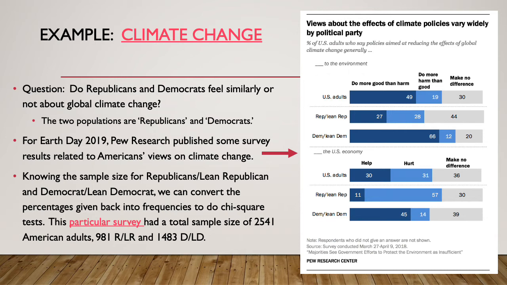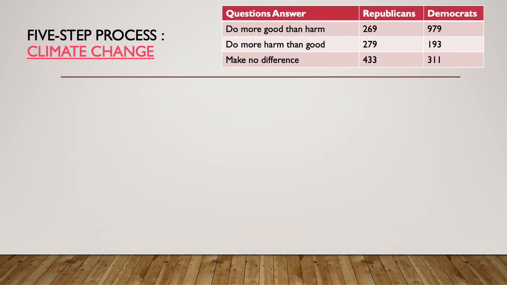The sample sizes, there were exactly 981 Republicans or leaning Republican and 1,483 Democrats or leaning Democrats. Here is the table of frequencies that I created from those sample sizes and the percentages.